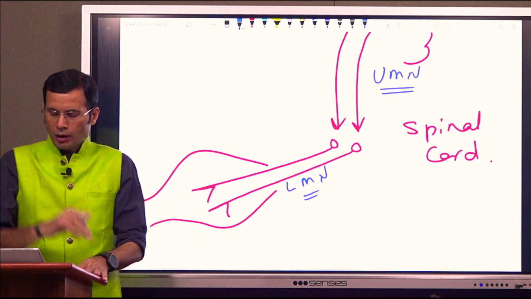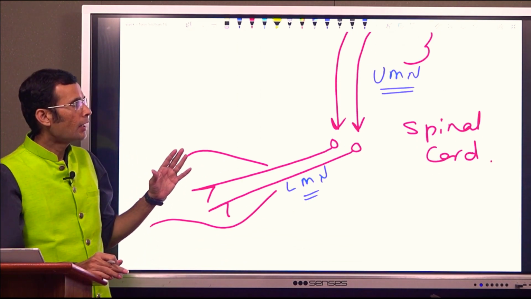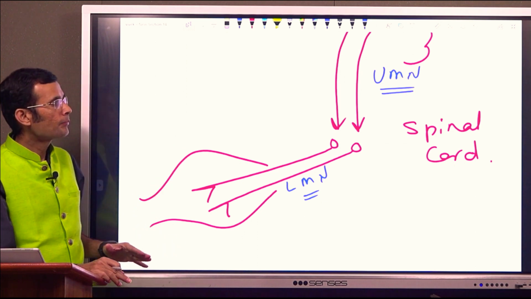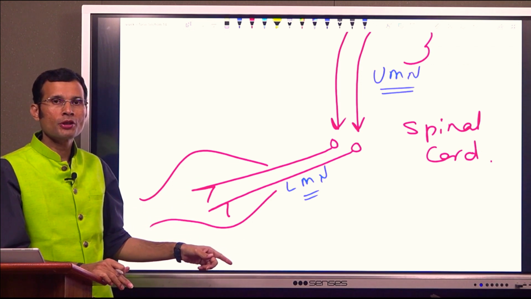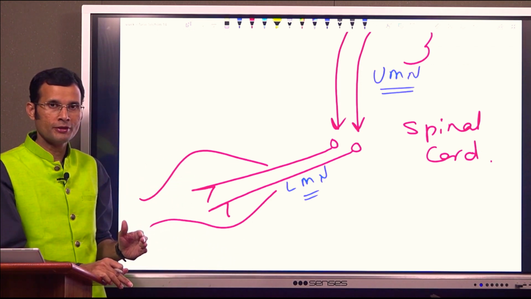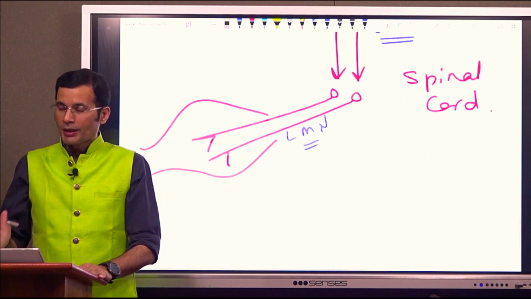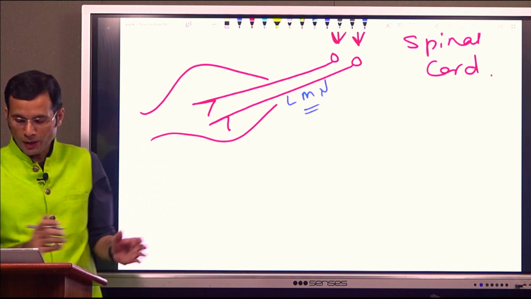Now, basically, one must understand that the upper motor neuron has both types of influences on the lower motor neuron, excitatory as well as inhibitory. But inhibitory influences predominate. Remember this part.